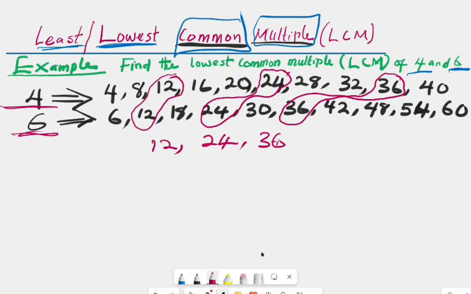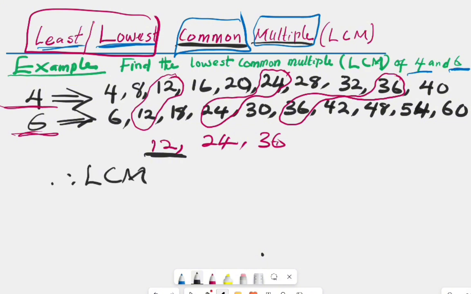The answer says the least or lowest. Among these three numbers, the lowest is 12. Therefore, LCM of 4 and 6 is equal to 12.